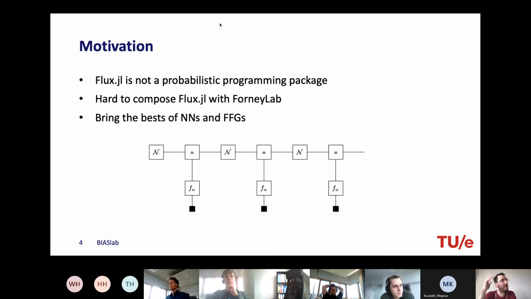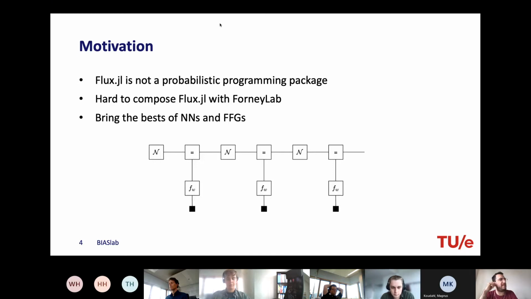But we have ForneyLab specialized for this purpose. And it is maybe easier to compose Flux with ForneyLab directly, so that ForneyLab can handle the probabilistic programming part, the Bayesian inference part, and Flux can handle the deep learning, the neural network training part.